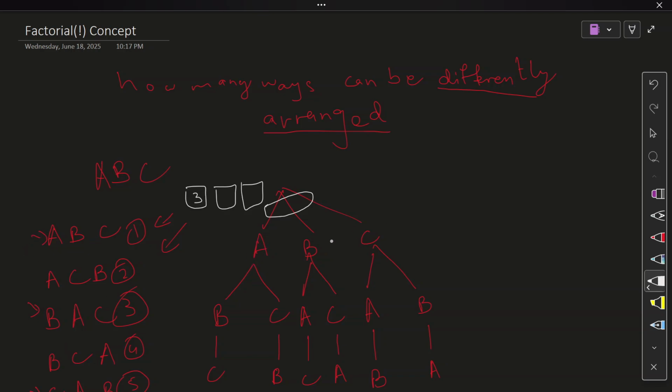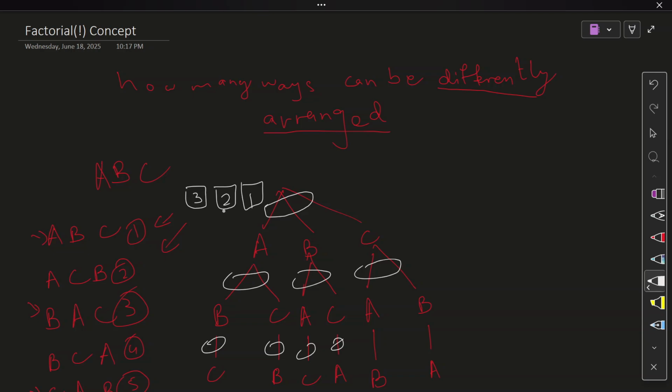After I chose A, or after I chose B first, or after I chose C first, every time I'm going to have two more choices. So my second spot had two choices. Then after placing A, after placing B, the third spot has only one possible choice remaining, right? And so this spot has only one choice left.